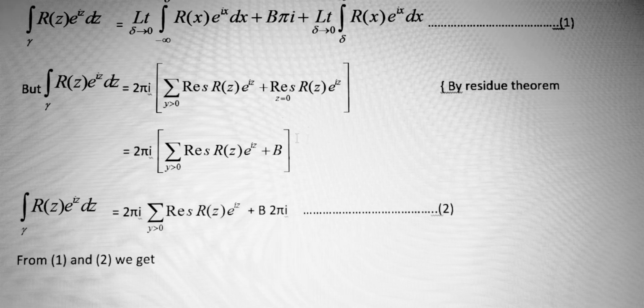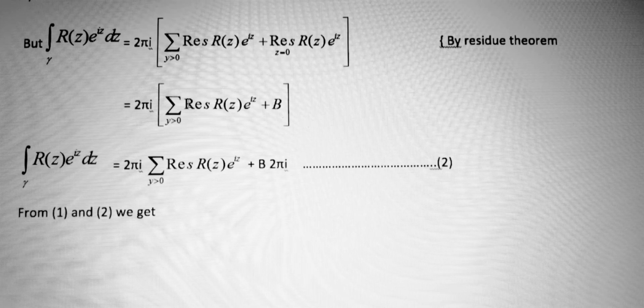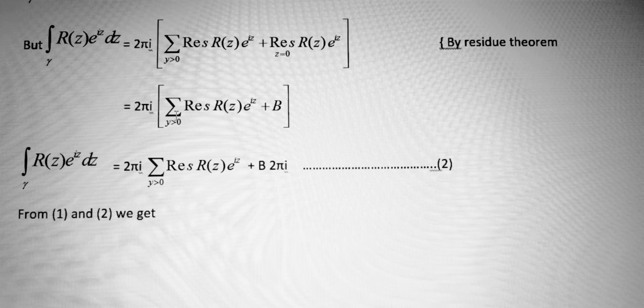Now by the residue theorem, the integral over gamma of r(z) e^(iz) dz is equal to 2 pi i times the sum over y greater than 0 of the residues of r(z) e^(iz), plus the residue of r(z) e^(iz) at z equal to 0. This is equal to 2 pi i times the sum of the residues of r(z) e^(iz) for y greater than 0, plus this residue, which is b.